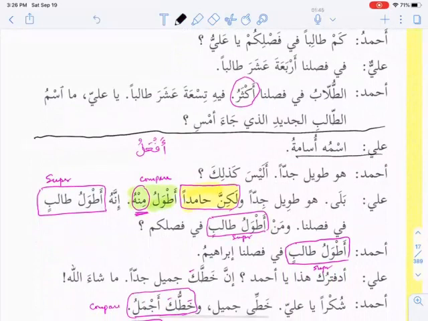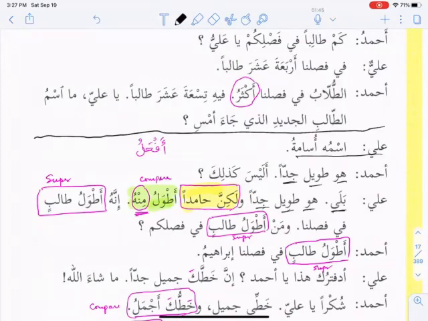Ismuhu Usama. Huwa tawilun jiddan. Okay, my brothers, huwa is mubtada, tawilun is khabar, jiddan is a naat. Alaysa kazalik? Isn't it so? Bala, yes. Huwa tawilun jiddan. Mubtada, khabar.